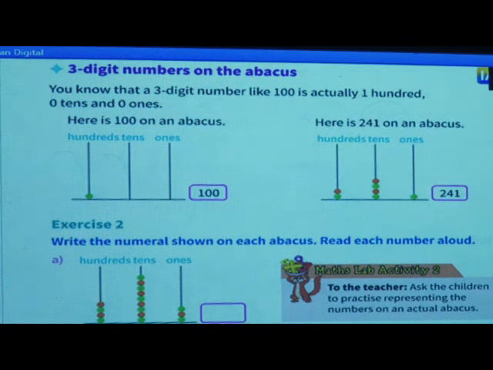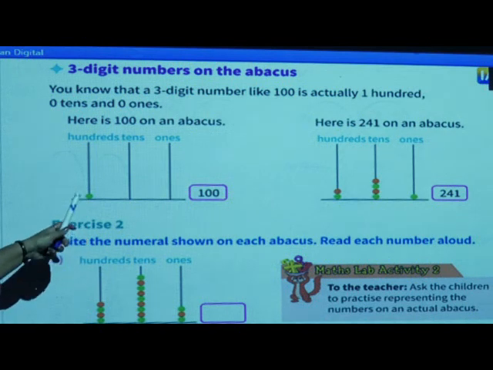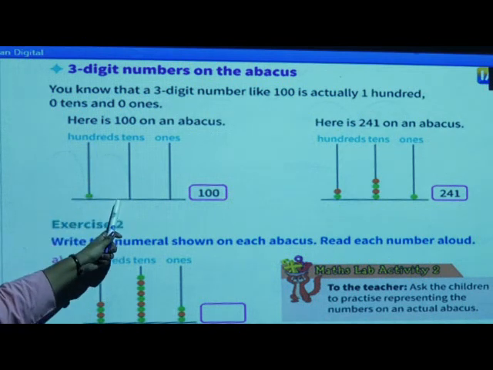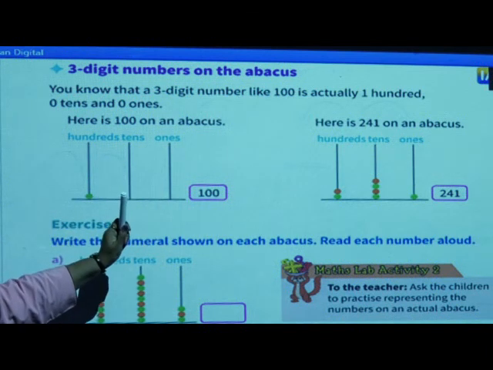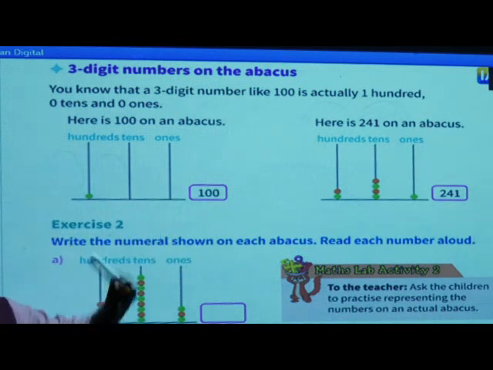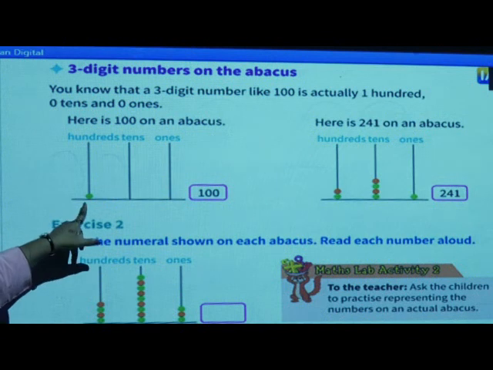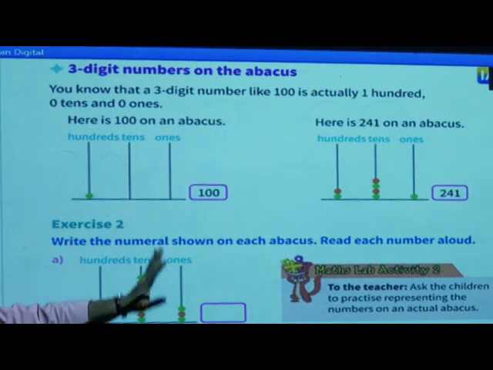How many beads are there? You will count and show. Here in hundreds, how many beads are there? 1 bead, okay? That bead is in the hundreds column. Then tens, it is 0, no bead means 0. Then ones also 0, no bead means 0. So 1, 0, 0. You can see how 100 is written on the abacus, that is 1, 0, 0, 100.